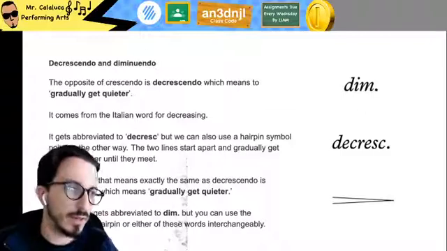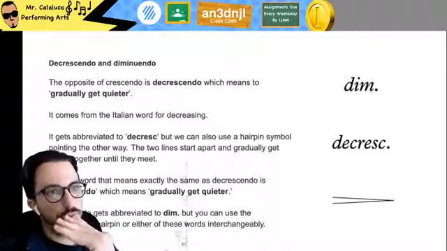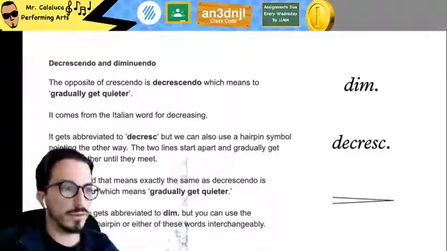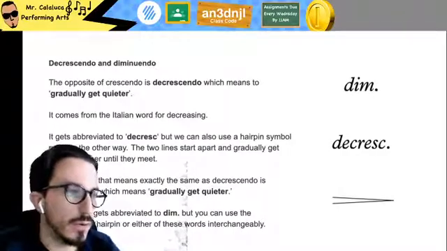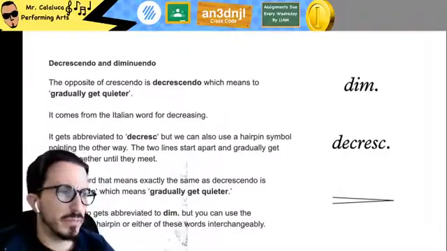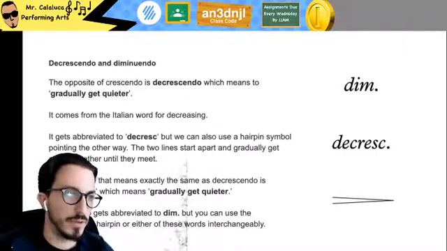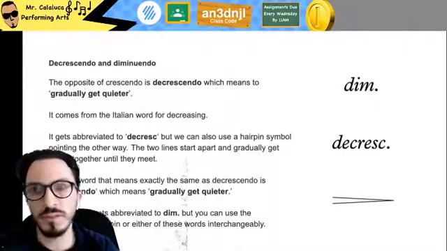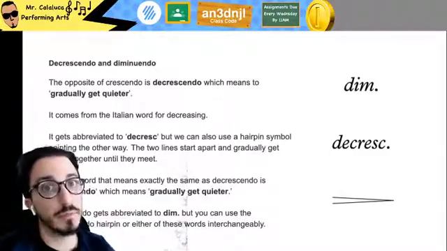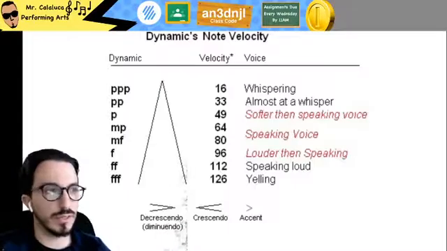It's going to be like that. So it's telling you to start the loudest, then go to the softest. Another word that basically means the same is diminuendo. It means just get gradually quieter. These two things are really useful. It makes a piece very nice if you put those in at the end.